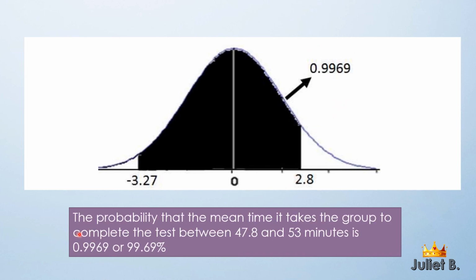So the probability that the mean time it takes the group to complete the test is between 47.8 and 53 minutes is 0.9969 or 99.69%.